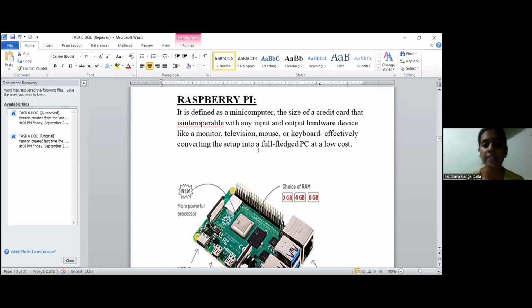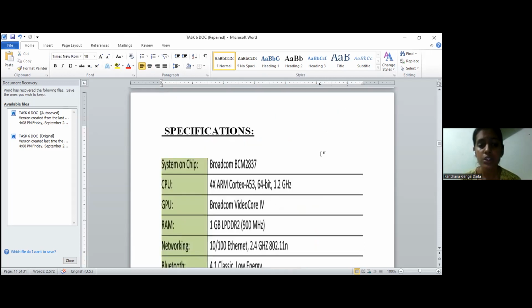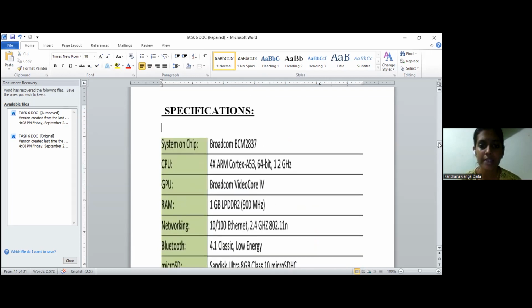Similarly, as I have already said, the Raspberry Pi is a full-fledged PC which can perform all the computations we use in a PC at a very low cost, and it is interoperable, so we can use it with any hardware or software applications effectively. It is also a system on chip. Any of the versions can be used, but we can use the 4x ARM Cortex version, and the RAM is up to 1 GB.